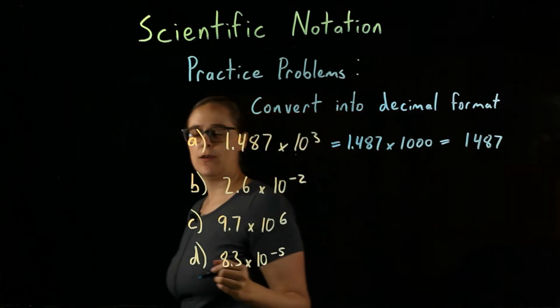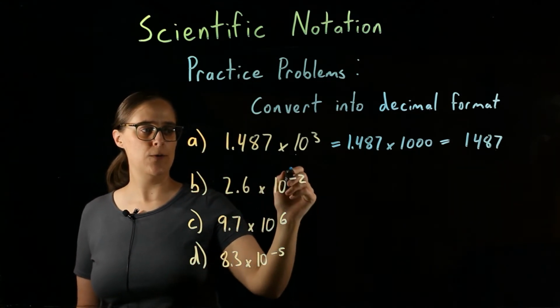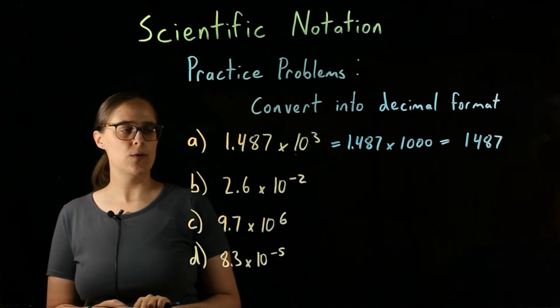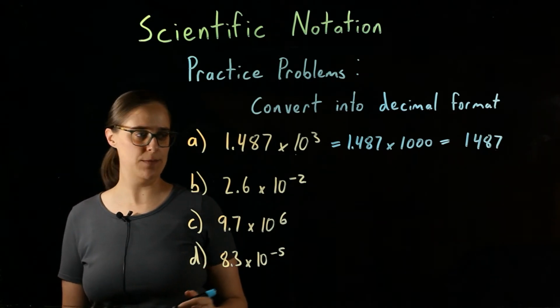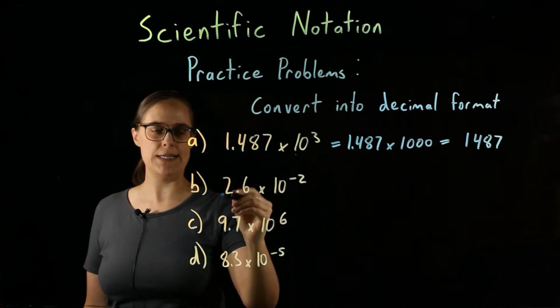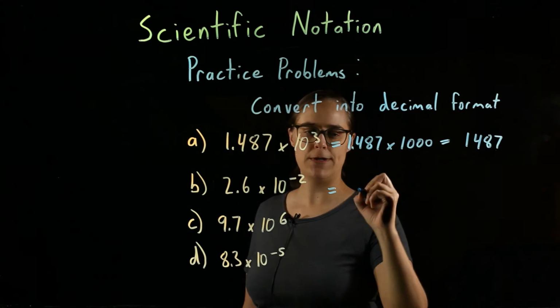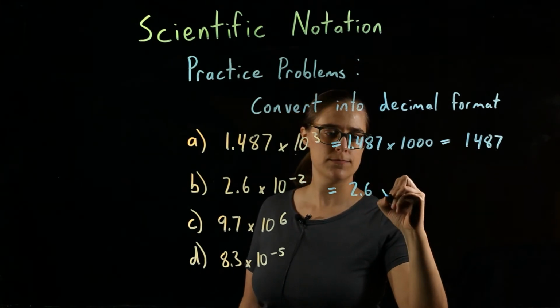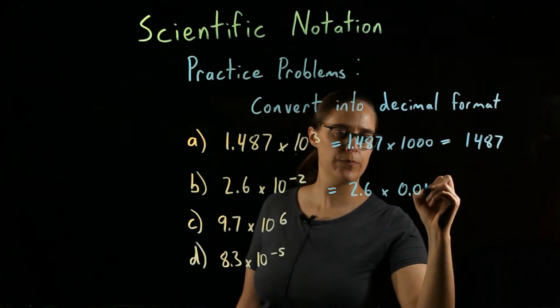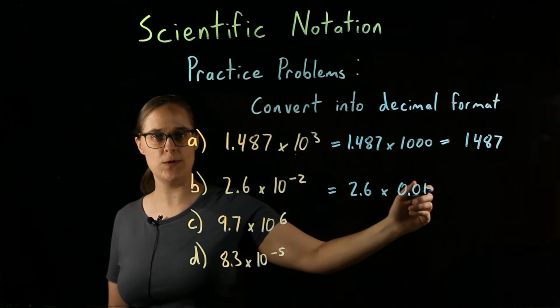1,487. So problem B, 2.6 times 10 to the minus 2. We have a negative exponent. Once again, you can treat all of these as if they are math problems, but a negative exponent means you need to move your decimal point to the left. So I'm going to rewrite this as 2.6 times 0.01.